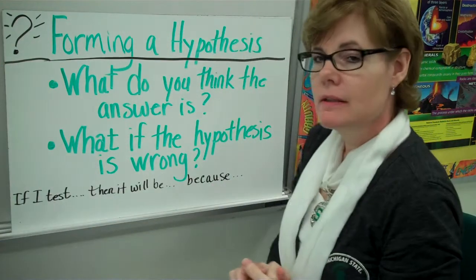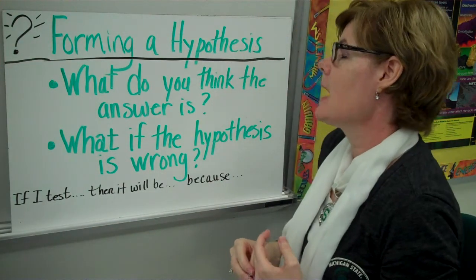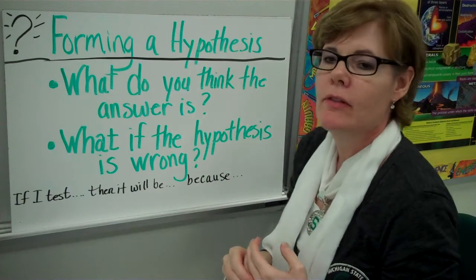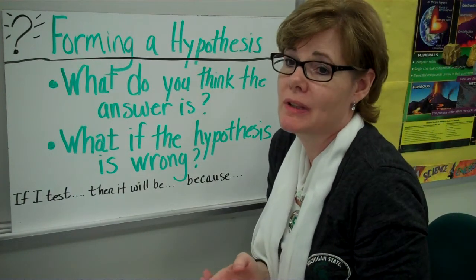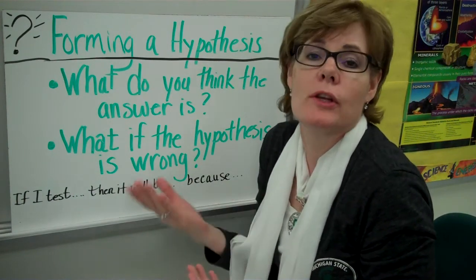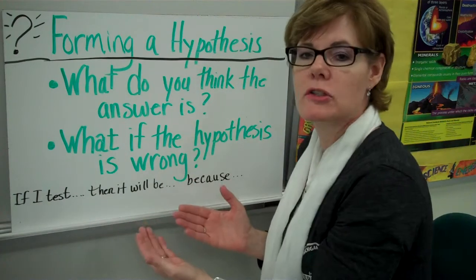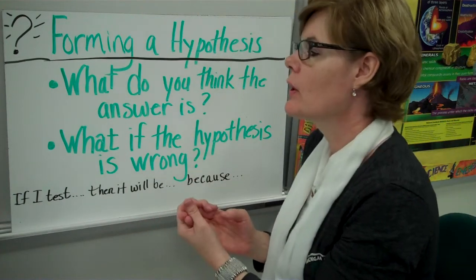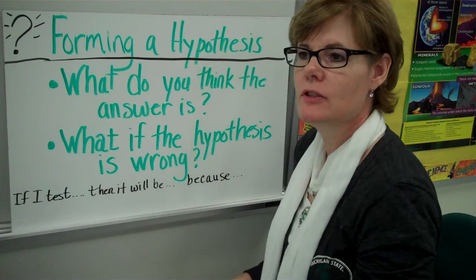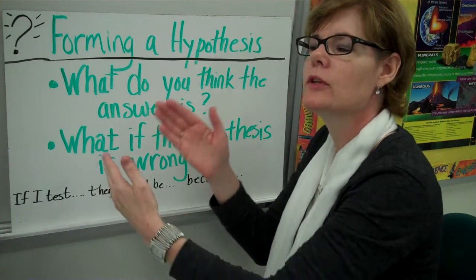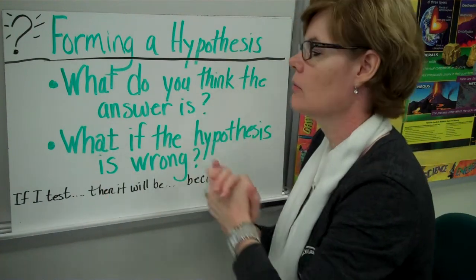All right, the next thing you're going to do is formulate a hypothesis. Formulating a hypothesis is really kind of guessing what the results are going to be. You're going to do your research, and from the research, you're going to say, I think it's going to have this result.